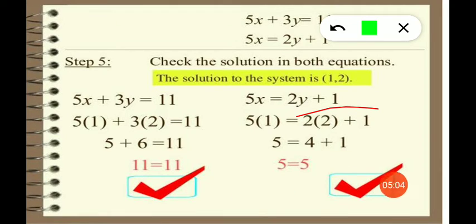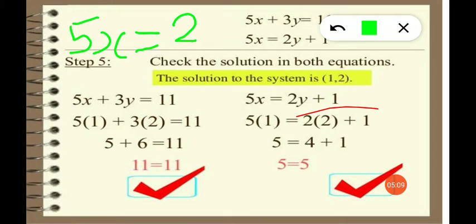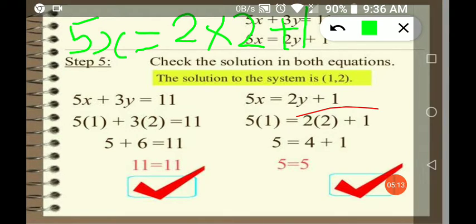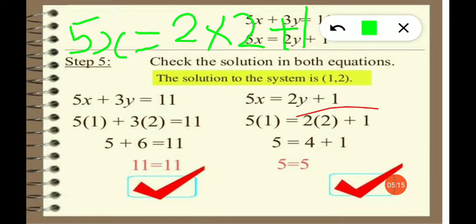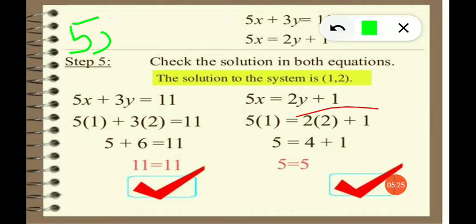So if we substitute, we get 5x is equal to 2 into 2 plus 1, that is 5x is equal to 5, and hence x is equal to 1. So the solution of the system is (1, 2).